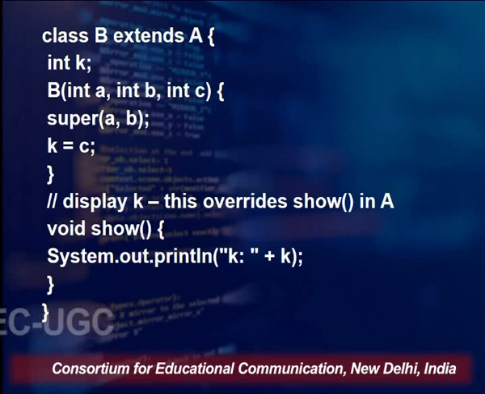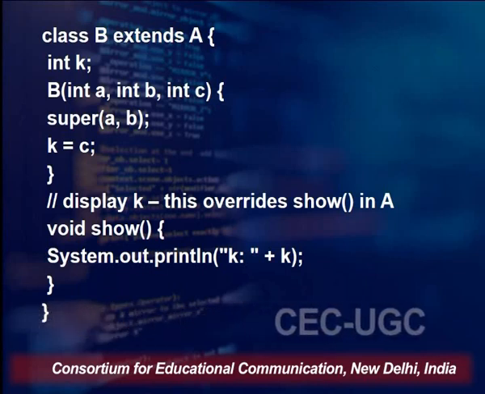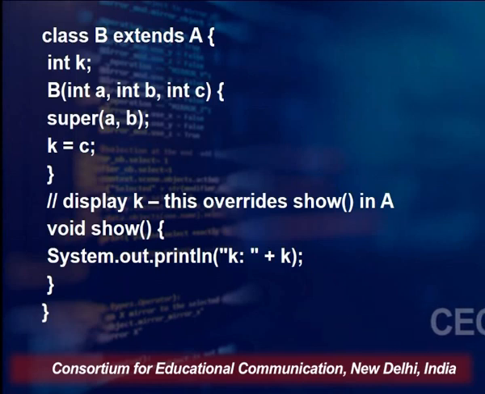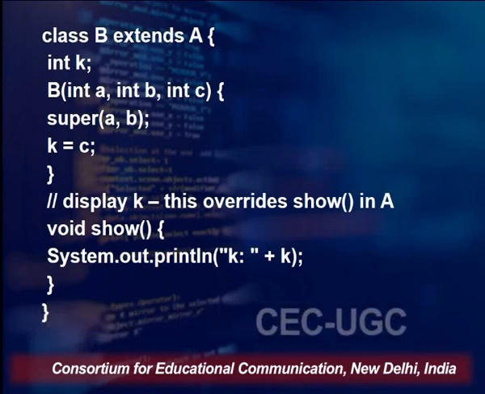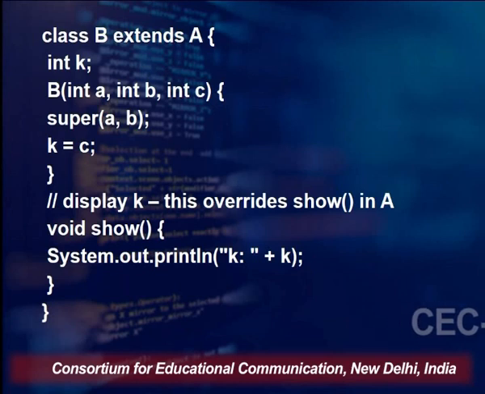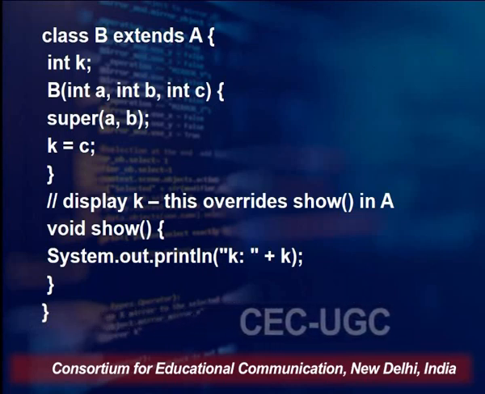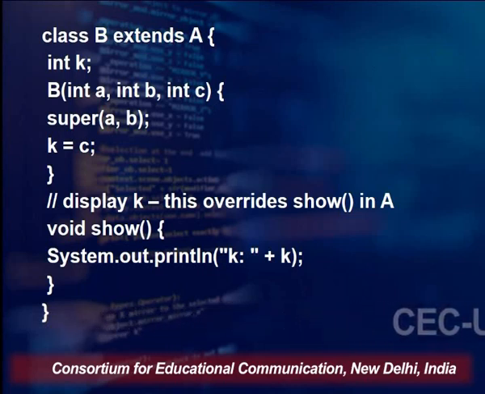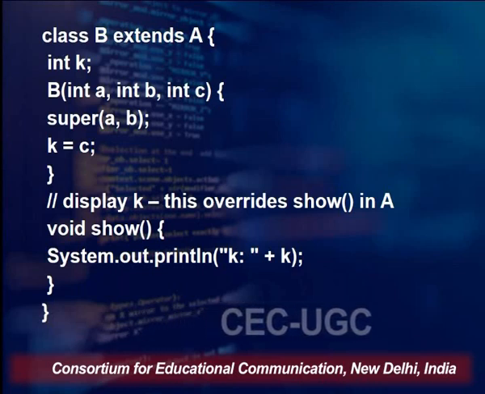Here we have a class B which is extending A, and you must have got by this time that class B is the child class of class A, and there is one variable k defined inside class B. Now class B, after extending class A, has three variables: i, j and k. i and j are the variables from A, and k is the variable declared by itself.